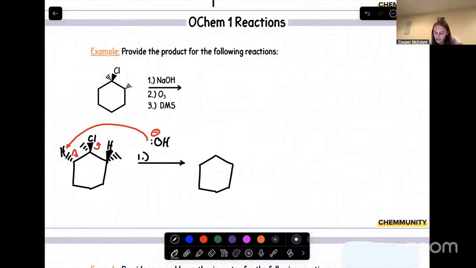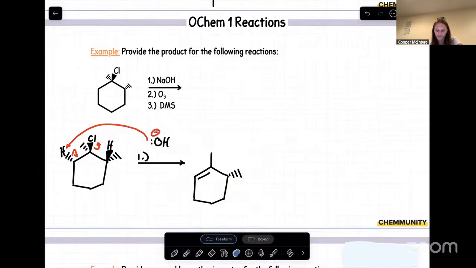One thing to note is that since we did not touch this carbon whatsoever, the stereochemistry of it will stay the exact same. And then in terms of this methyl group right here, we're actually going to turn that into the straight line notation if you want to think of it that way. Only because since we formed an alkene, this carbon is now sp2 hybridized, meaning it is flat. So we lose that stereochemistry.